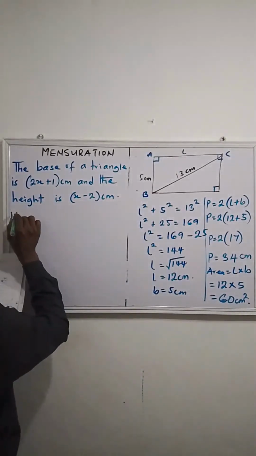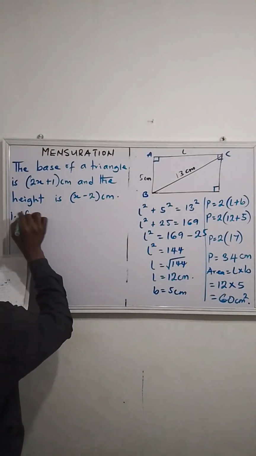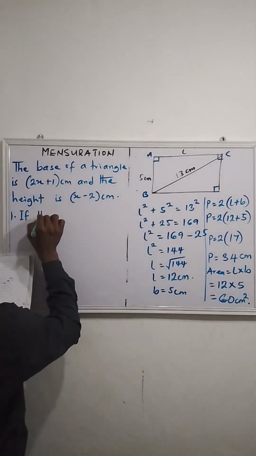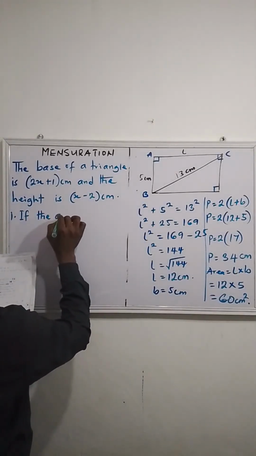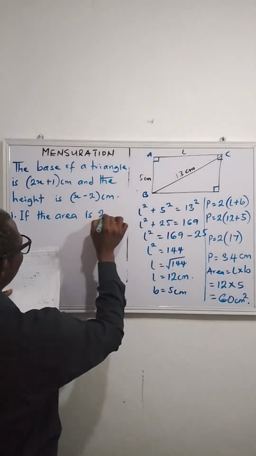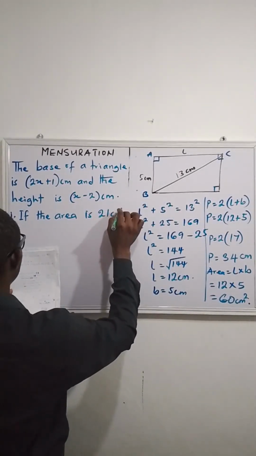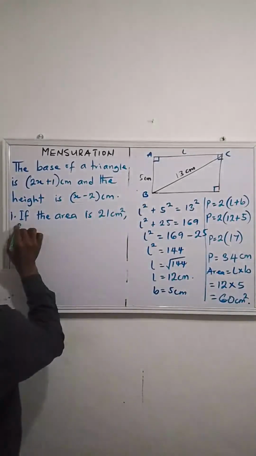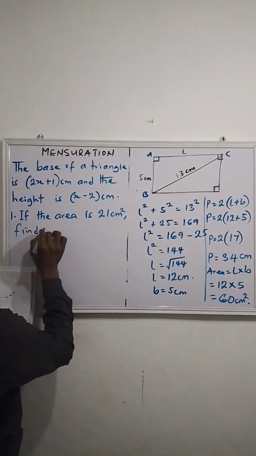Now, Roman numeral 1, if the area is 21 centimeters square, find x.